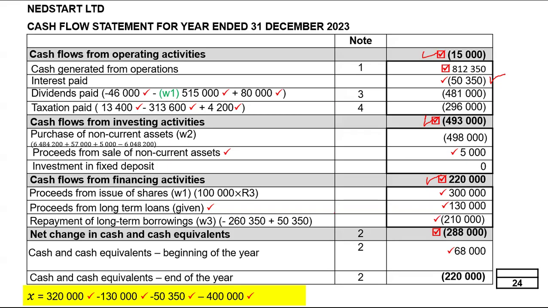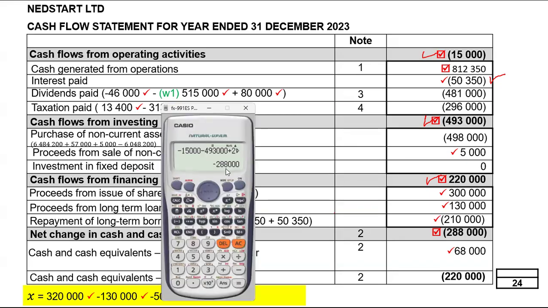And to make it easy, guys, this is how it works, okay? So at the beginning of the year, you had a positive 68,000. But this year, your cash moved negatively. You lost cash worth 288,000. So your balance at the end of the year will be negative 220,000. That's how easy it is.